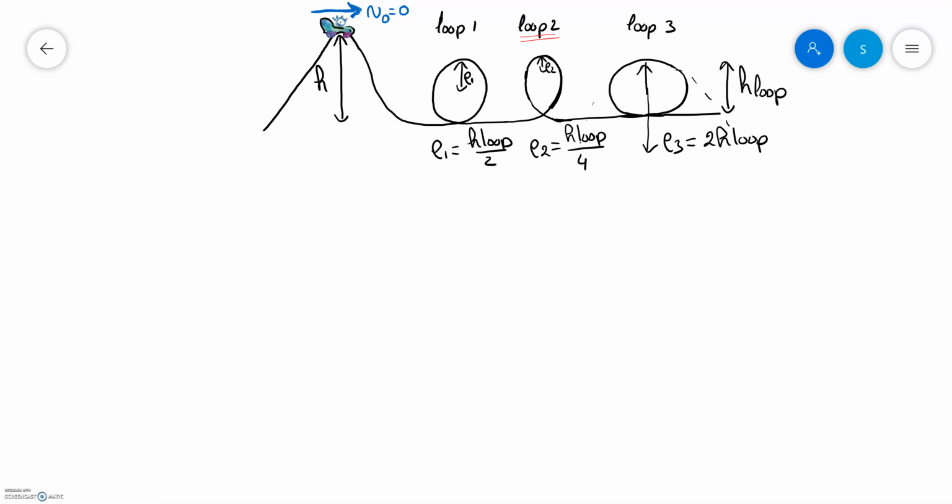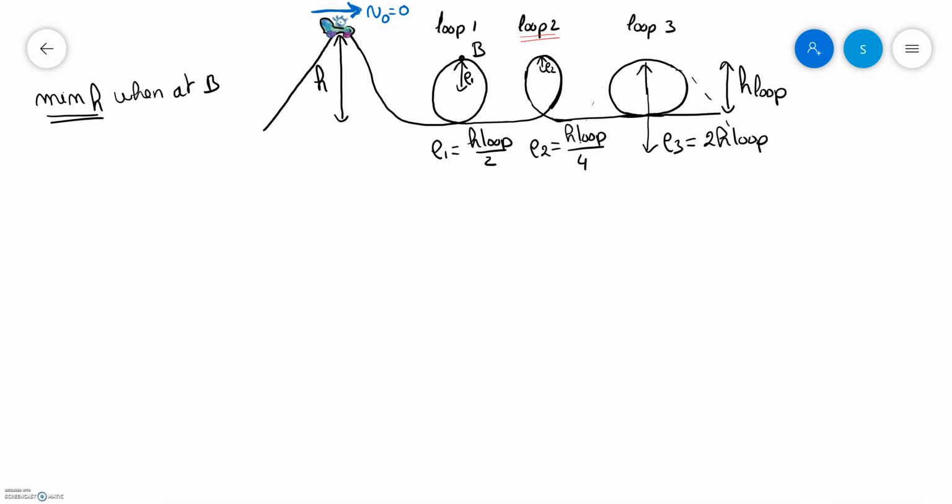Okay, so to find h, we want to find the minimum h. The minimum h is when, at point B, the roller coaster stays on the track.